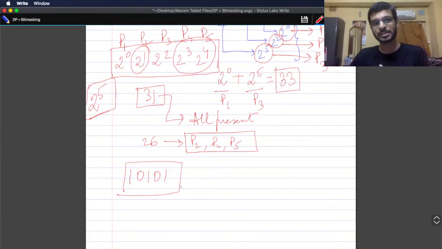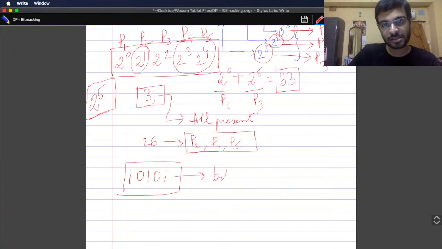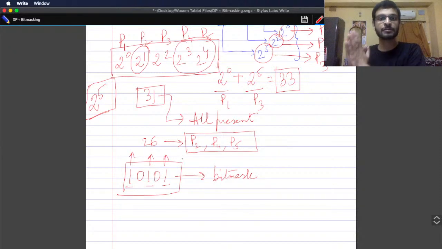So using these bits, when you show which elements are present and which are not, this is a bit mask. Out of these 5 bits, 3 are set bits and the rest are unset bits, which says that the first property, the third property and the fifth property are holding true.